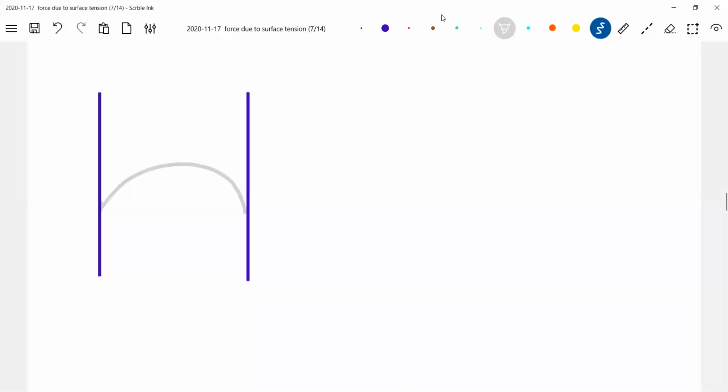Now how are the molecules here? The theory imagination is very important. Once you get this clarity, I think you can manage the numericals very easily.